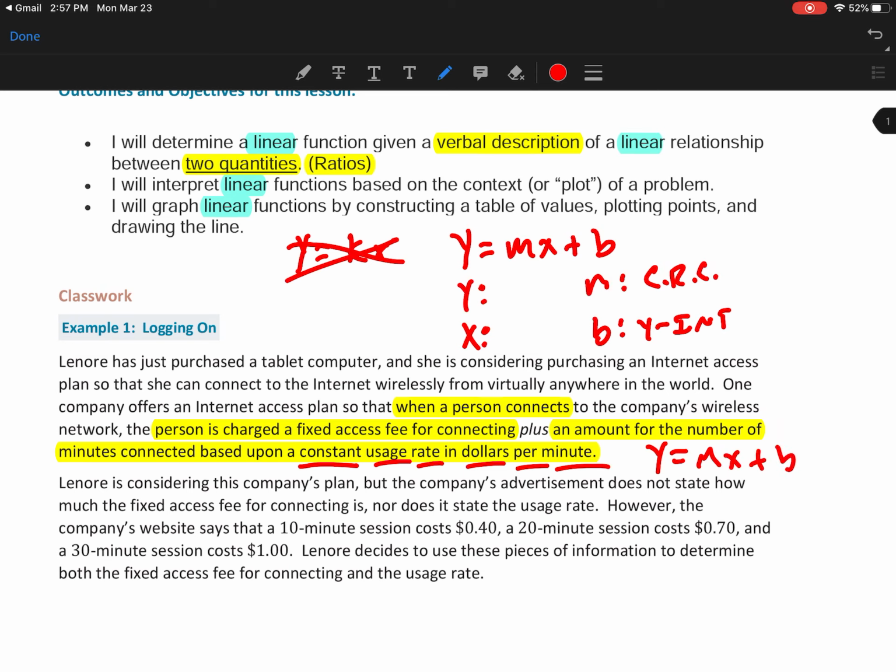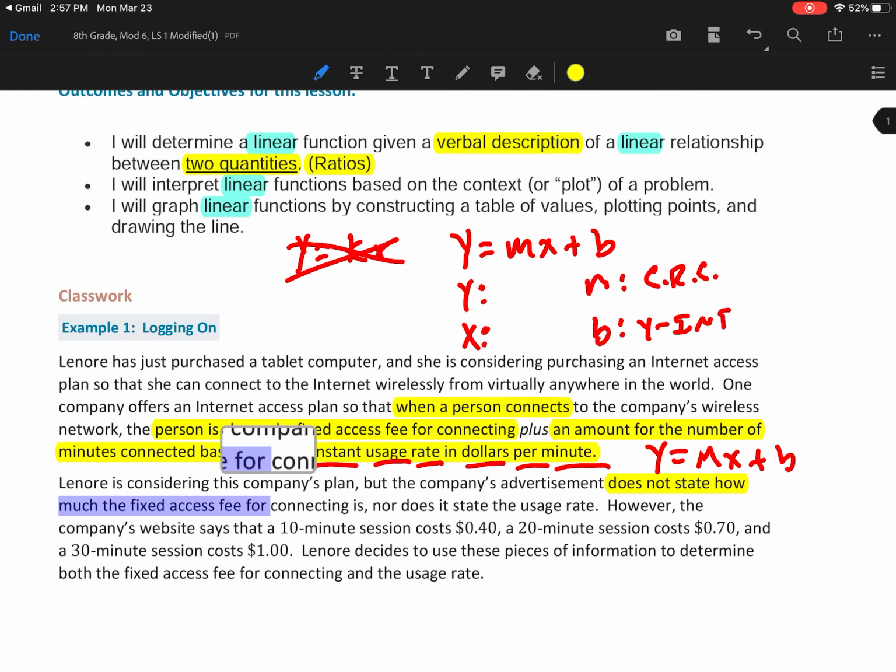Okay? Lenore is considering this company's plan, but the company's advertisement does not state how much the fixed access fee for connecting is. I wonder at one point if we're going to be asked to identify what is that fixed access fee for connecting. Nor does it state the usage rate.